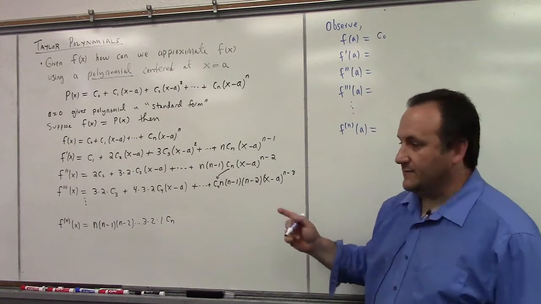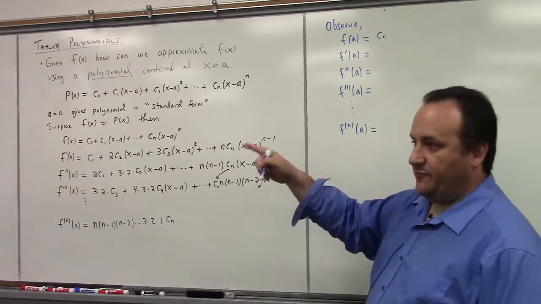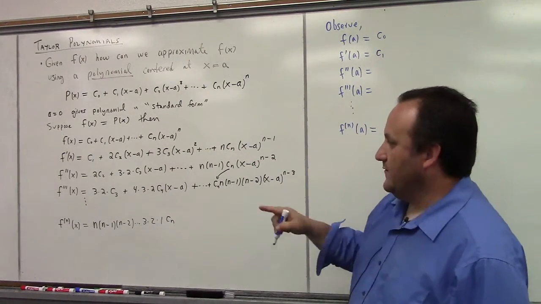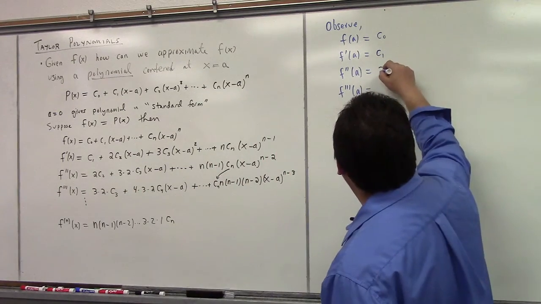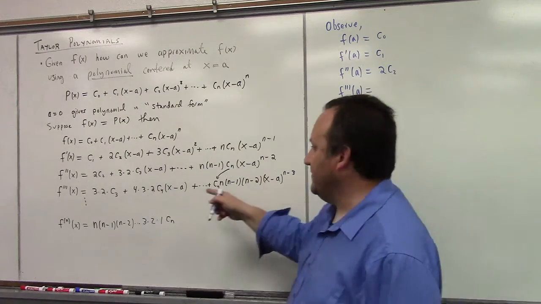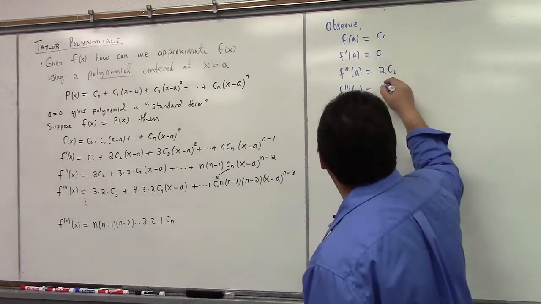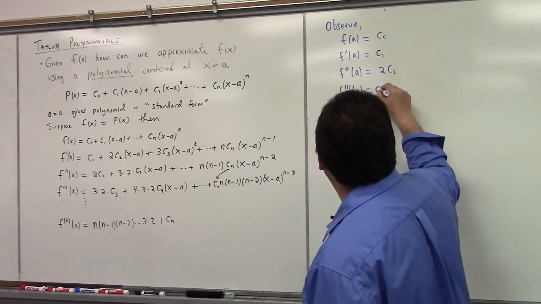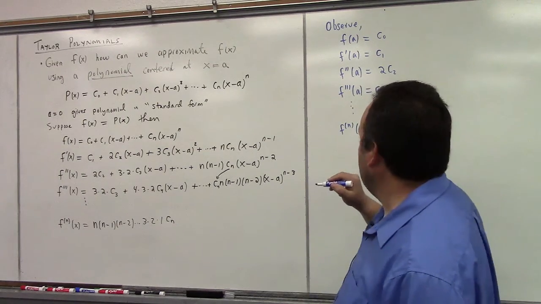What's f prime of a? Again, everything past the first term is 0. So f prime of a is c1. What's f prime prime of a? Yeah, 2c2. What's f prime prime prime of a? It's 3 times 2, I'll write it as 6, sure, why not? 6c3, right?